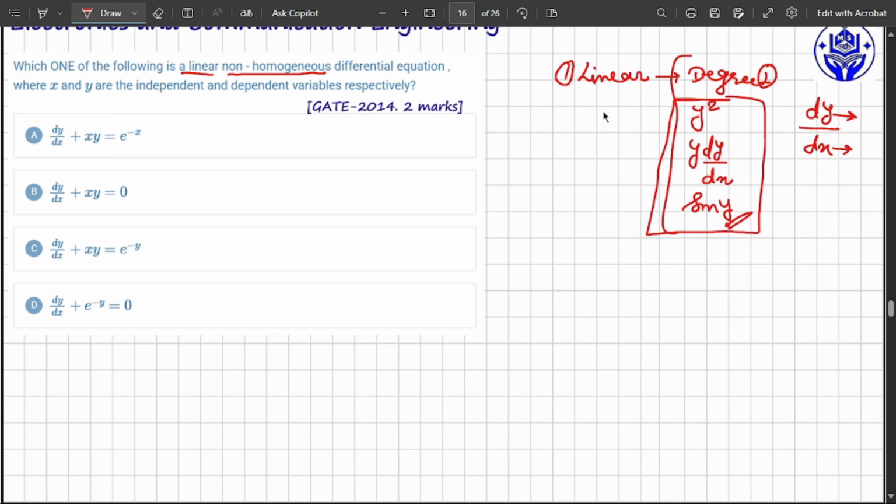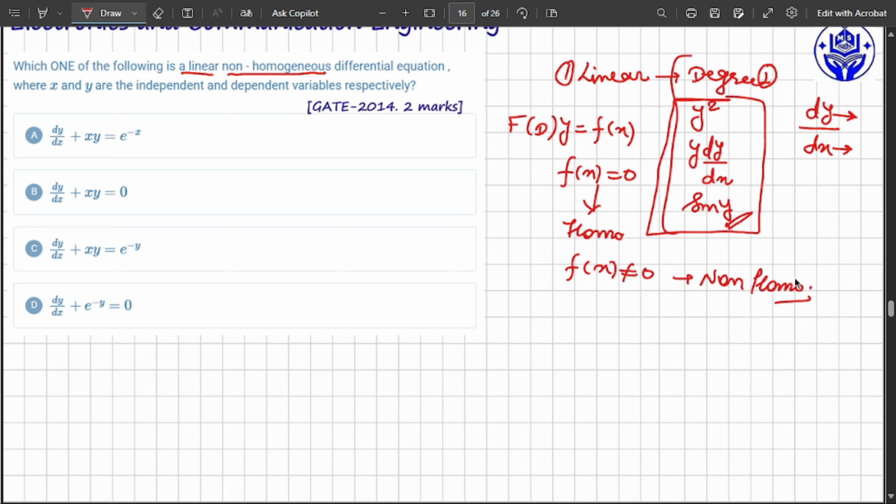Now non-homogeneous means that if you have a differential equation like this with f of x, if f of x is equal to 0, then it will be the homogeneous case. Or if f of x is not equal to 0, then it is the non-homogeneous part. So in this case, first of all, f of x is equal to 0 here, so this is homogeneous, and this is homogeneous.